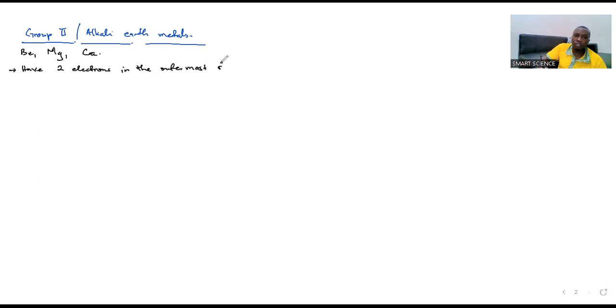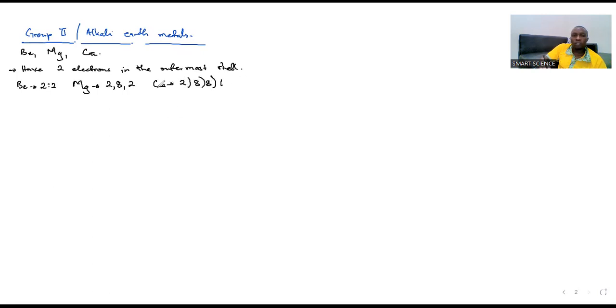If we come to writing the electronic configurations, beryllium is 2 to 2, magnesium is 2 to 8 to 2, calcium is 2 to 8 to 8 to 1.